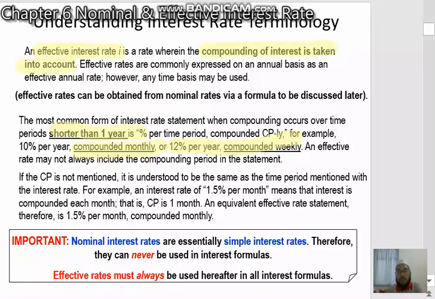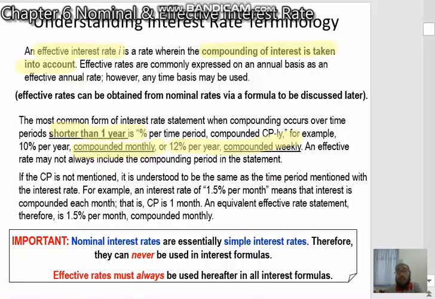If the CP is not mentioned, for example 10% per year, it is understood to be the same as the time period mentioned with the interest rate. For example, an interest rate of 1.5% per month means that interest is compounded each month. That is, the compounding period is 1 month.